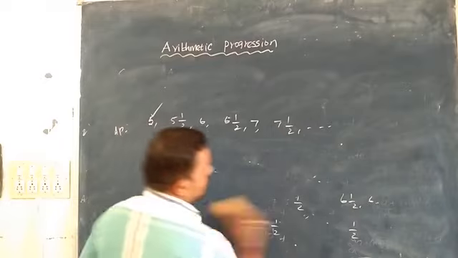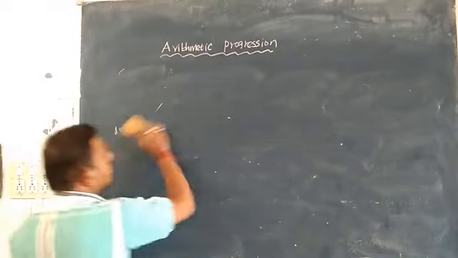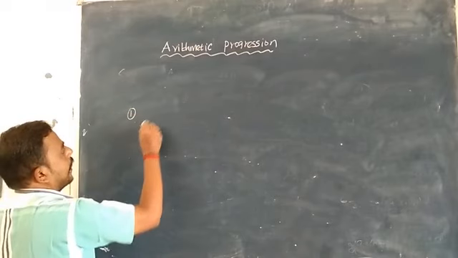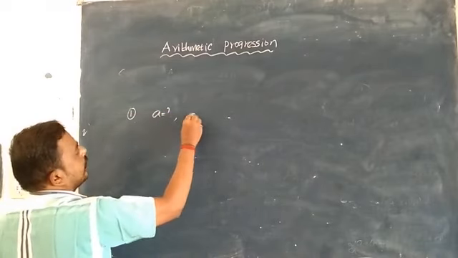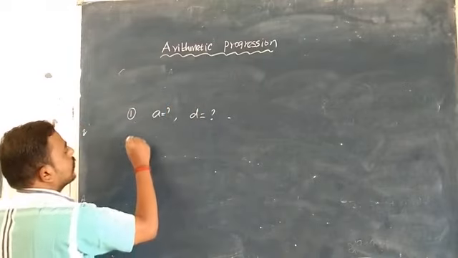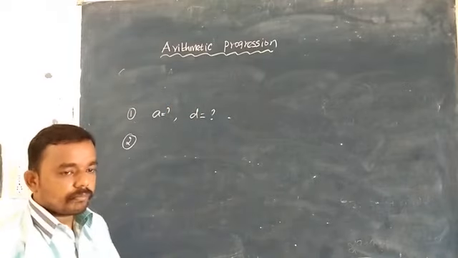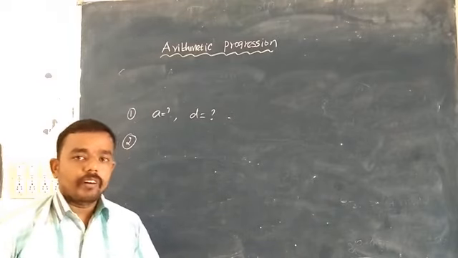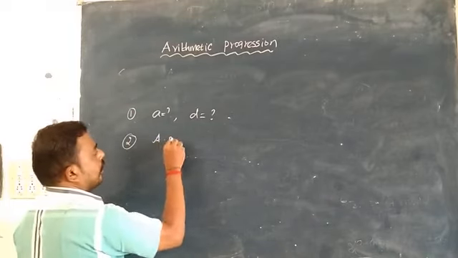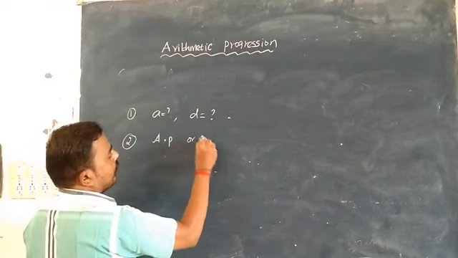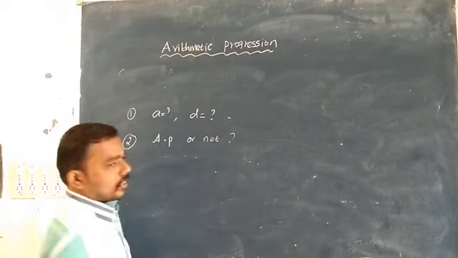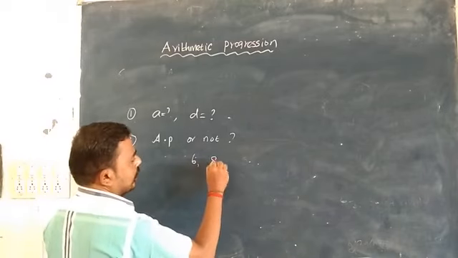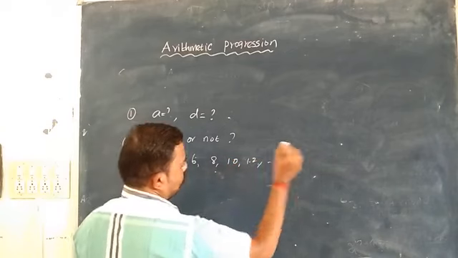And the next: first one, write A and D if it's an AP. Second one, whether the given sequence is an AP or not, how to check. Here the numbers may be given as 6, 8, 10, 12 and so on.